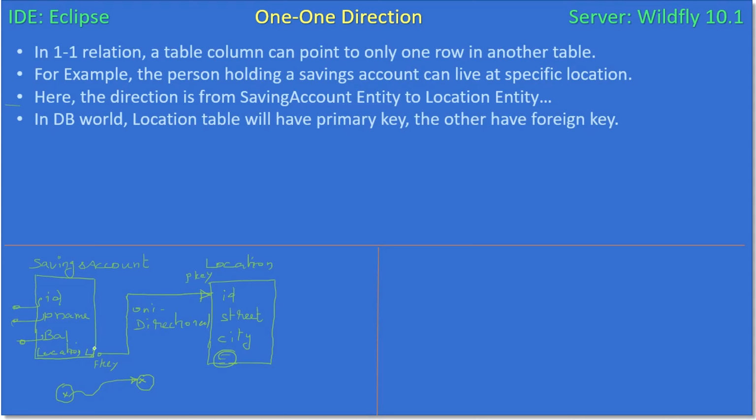So at runtime, let's say we have multiple location entities, for example we will have 3 entities for location, and at runtime we have a savings account entity as well. Apart from other fields, for location we will have an ID denoted as 2.